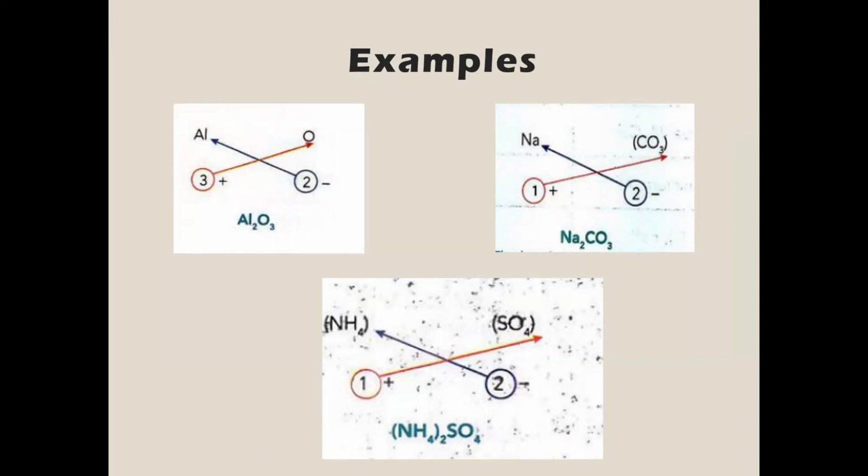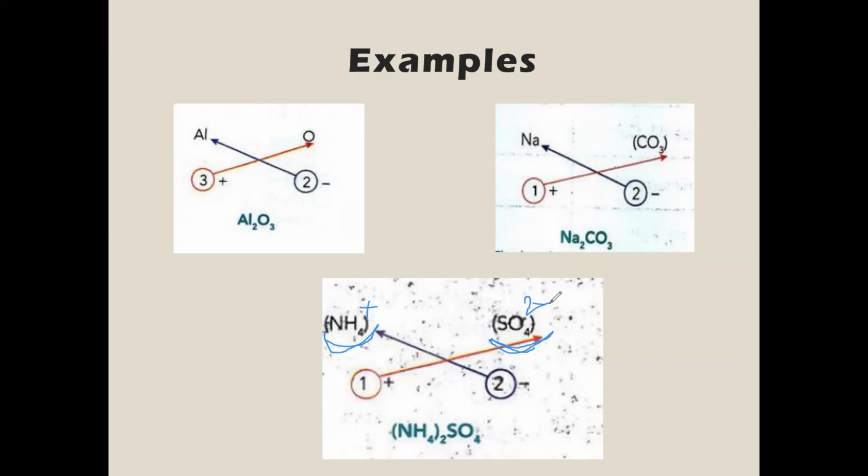Other examples, we already mentioned this example, but here, these are compound ions or molecular ions, ammonium and sulfate. Ammonium is a positive ion, positive 1, and sulfate is a negative ion, negative 2.